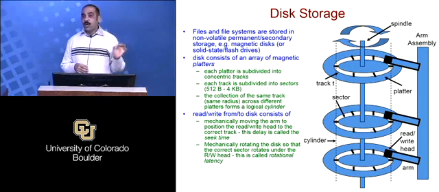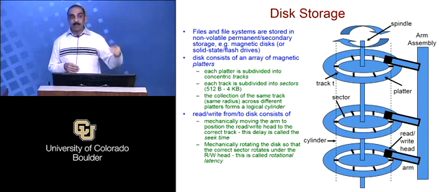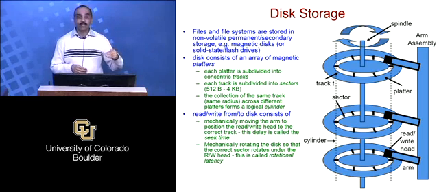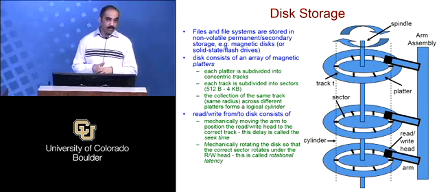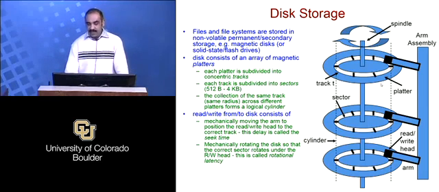The most common secondary storage that we use today is the magnetic disk. Although flash drives are becoming more and more popular, the popular technology for hard disks is still magnetic disks. The structure of a magnetic disk looks something like this.